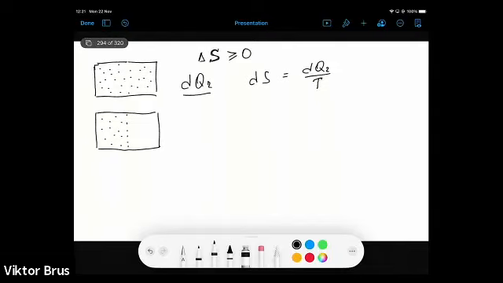So that is the definition of change of entropy. And it is necessary to highlight that entropy is a state parameter, and its change during some process depends only on the final and initial states.